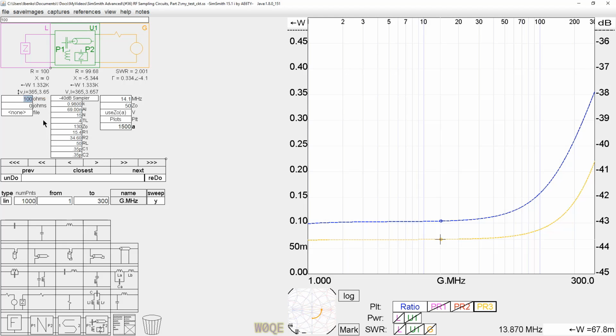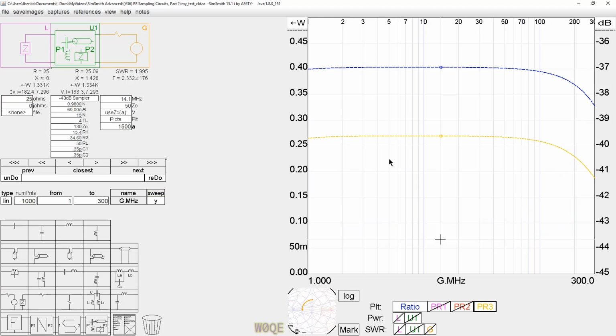And in the case where it's 25 ohms here, it reports 269 milliwatts times 10,000, which is 269 watts, which is twice this value. And that is due to the fact that a 2-to-1 SWR has current that varies by a factor of 2, which is of power that varies.